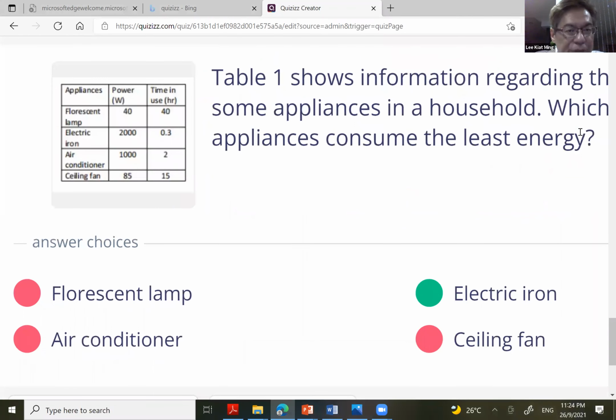If you're good in maths, you can take a good look. Electric iron gives 2,000 times 0.3, which is 600. The first one is 1,640 times 40. The second one is 1,000 times 2, which is 2,000. The third one, 85 times 15, will be close to 1,000. So the smallest one will be the electric iron, which gives you only 600.